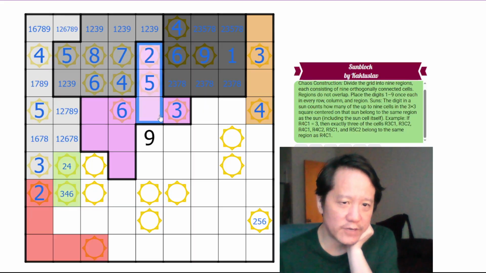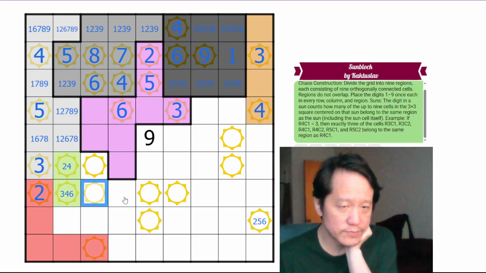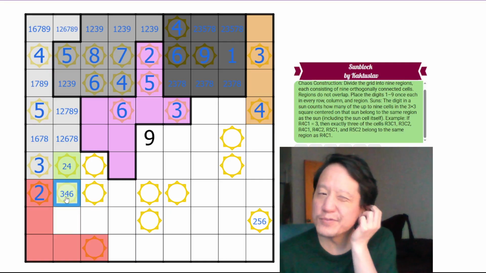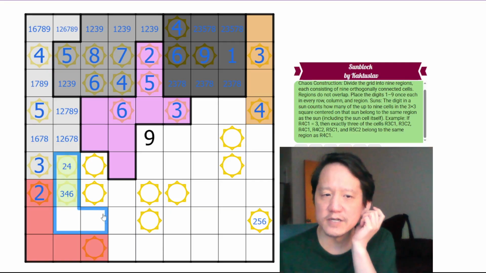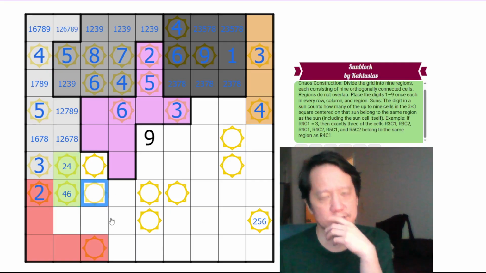Yeah, this is a long, convoluted way to try to basically disprove this. Can it be 3? No, it has to exit out. So this is at least 4 or 6.